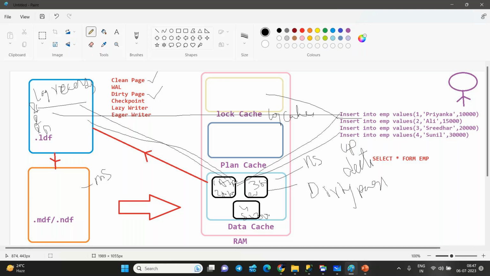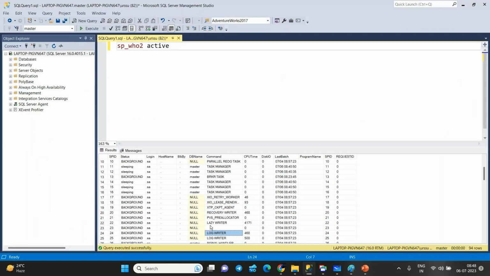So when SQL Server acquires the locks, at that time it will also consume a little bit of memory. That memory will be held in the lock cache. Whenever SQL Server is holding a lock, that memory will be held by the lock cache, like the lock monitor, or you can see the lazy writer, the log writer, the lock monitor, the resource monitor, and the checkpoint. We are going to discuss the checkpoint.